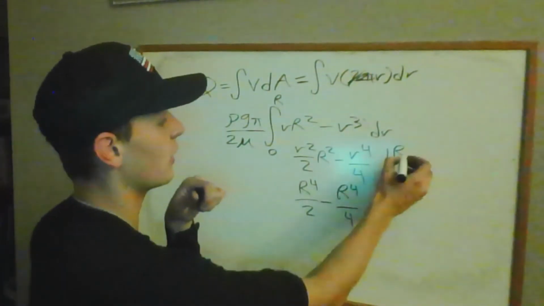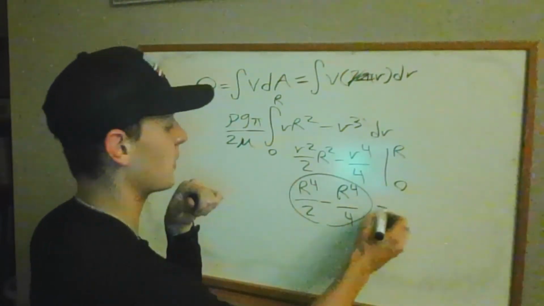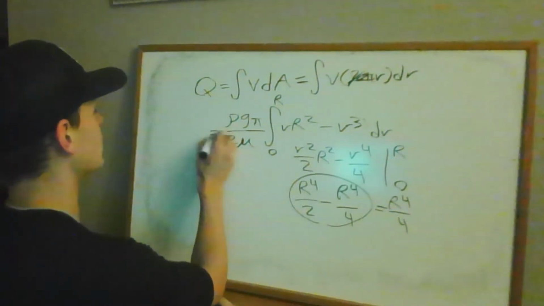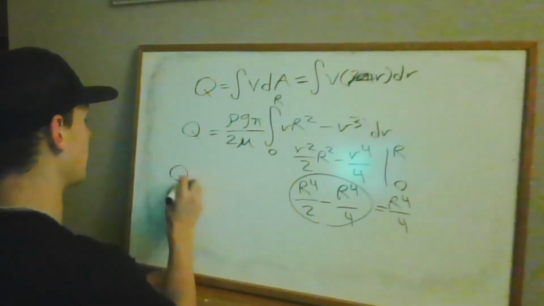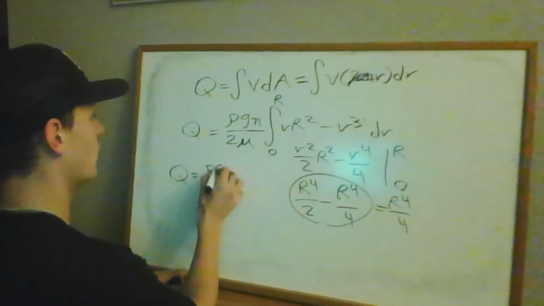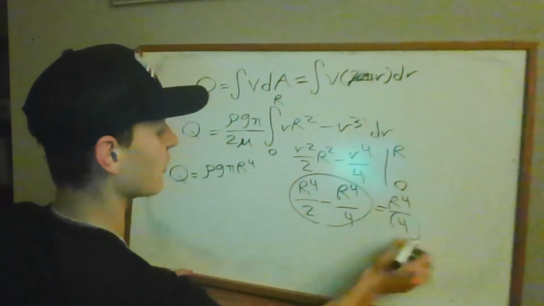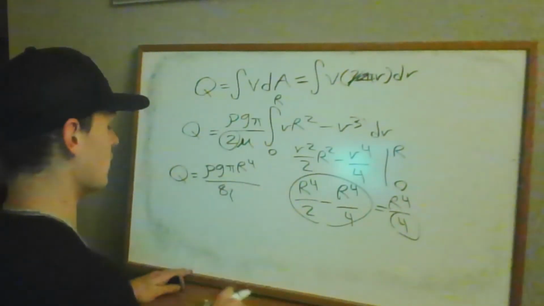Notice these are our bounds of integration that I plugged in, and this becomes r to the fourth over 4. Now I should have written this on our left-hand side: we have an expression for large Q, the flow rate. r to the fourth, and then we have this 4. Don't forget to multiply that against the 2, giving 8 mu.